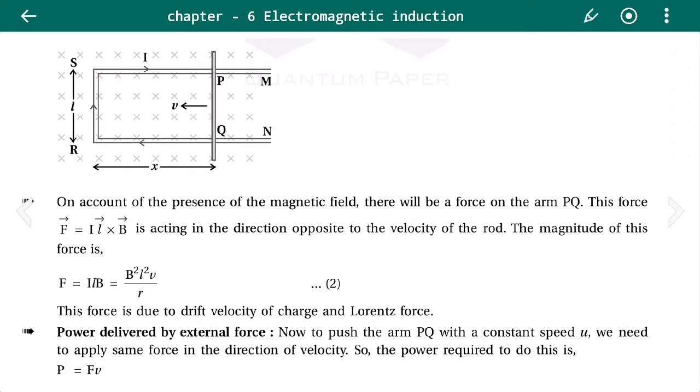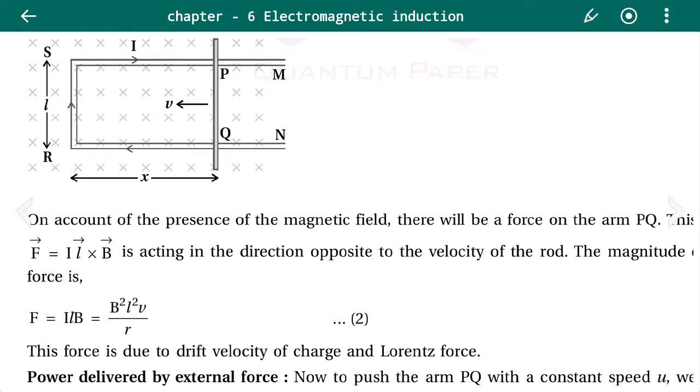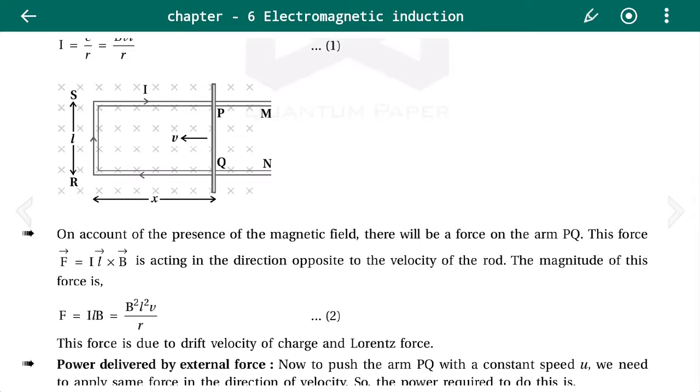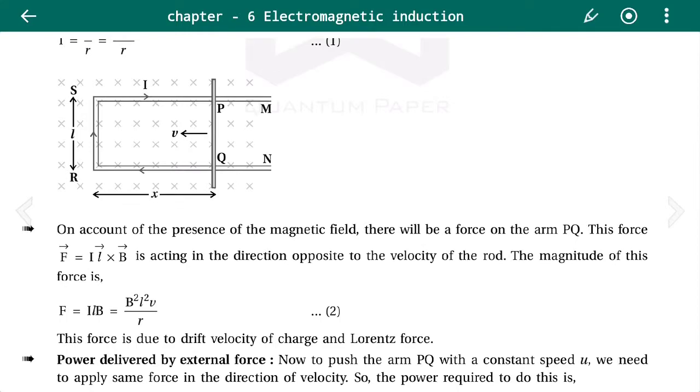Thus, we can consider that the magnetic field and the current element are perpendicular to each other. So in that case, we can write ILB sin theta, where theta equals 90 degrees, that is the angle between the current element and the magnetic field. So it becomes F equals ILB.